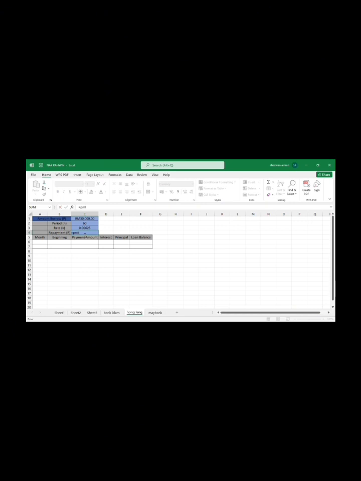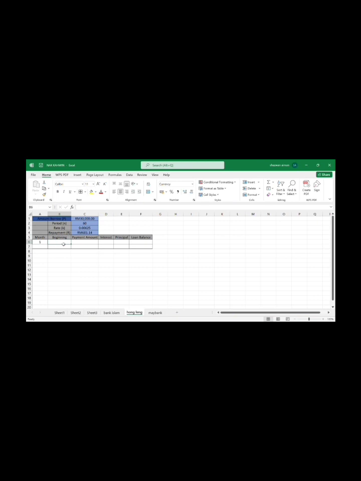0.00625 and then for the repayment we use the formula PMT C3, C2 and then comma minus C1 and then comma 0 and then we got 601.14.